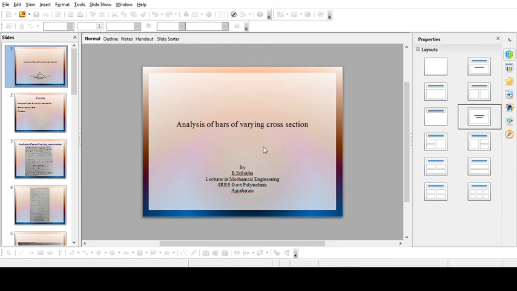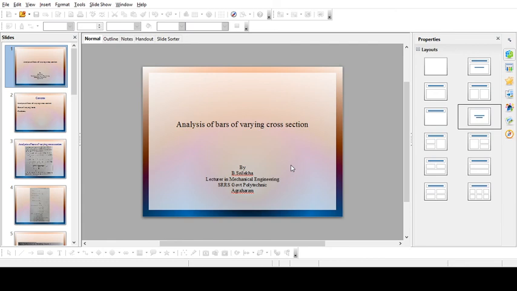Now the total elongation is simply the sum of the elongations: P1L1 by A1E plus PL2 by A2E. Here the load is the same, only the areas are changing.